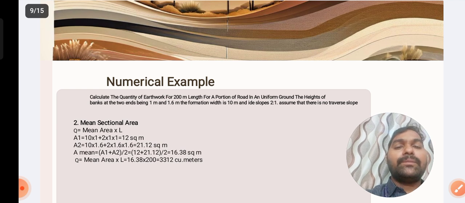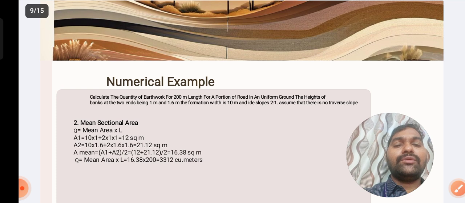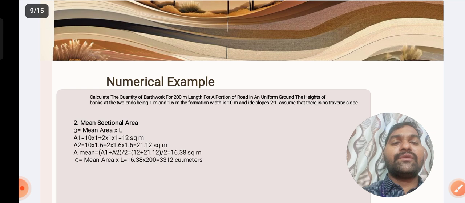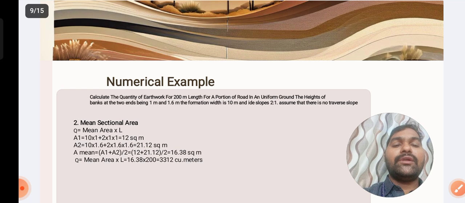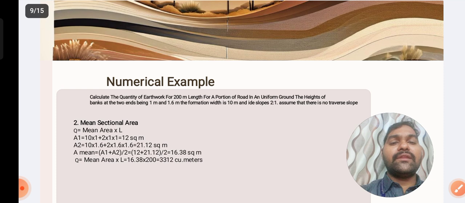So in that particular consideration, Q is equal to mean area into length, and A1 is equal to B into D1 plus S into D1 square. Likewise, we are calculating A2 also, B into D2 plus S into D2 square. Then you can calculate A1 and A2. After that, we are calculating the mean area.